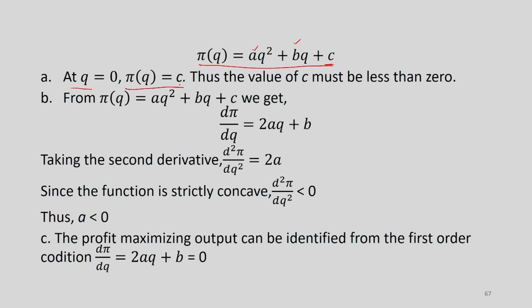So, pi of 0 is equal to small c, and since in the condition it is mentioned that at q equal to 0 the profit should be negative, that means c should be negative. So, therefore, the value of c must be less than 0. Okay. So, this is the solution to the first part.